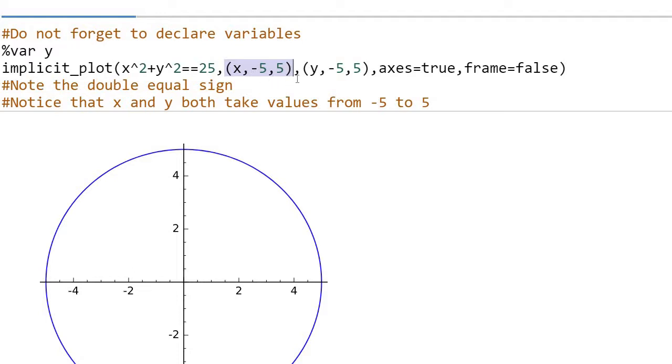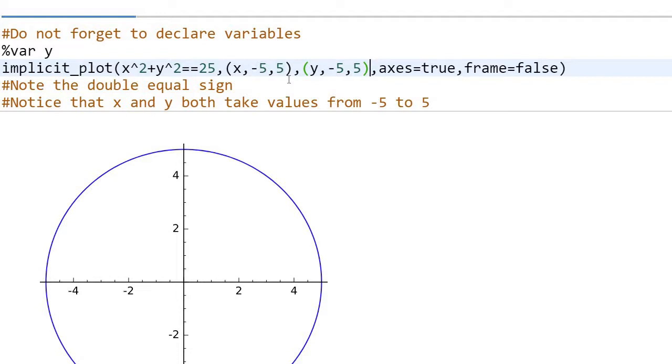You could actually do this on the regular plot command too, though I didn't teach it that way. And then you put a comma, and then parentheses y, minus 5 to 5. Now this part doesn't work in the regular plot command because there's just the one variable x. You have to use the y min and y max, which is why I didn't do it back then. But anyway, this specifies that y goes from minus 5 to 5 and x goes from minus 5 to 5.